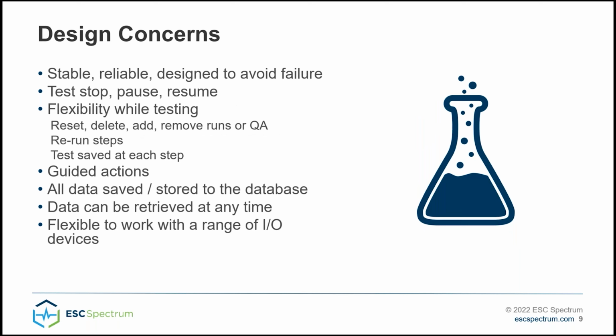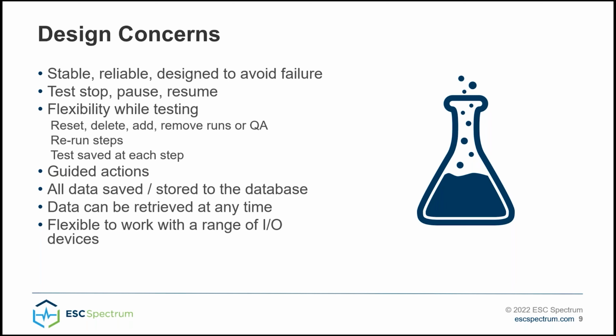Some of our design concerns when building the software: we tried to make it as stable as possible, because the last thing anyone wants is for the software to crash while you're in the middle of a test. It must be able to pause and resume a test at any time. It needs to allow the user to reset QA events and restart those steps.